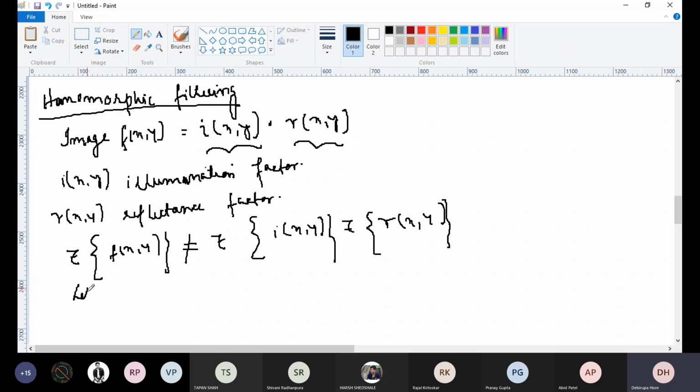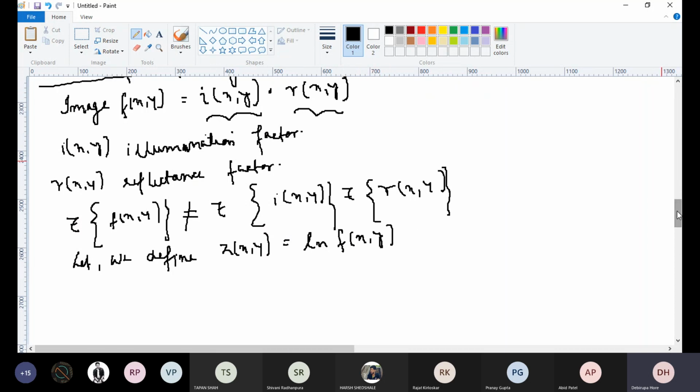That is why let me define z of xy is equal to natural logarithm of f of x comma y.